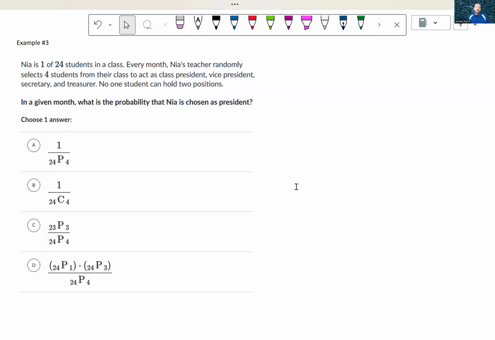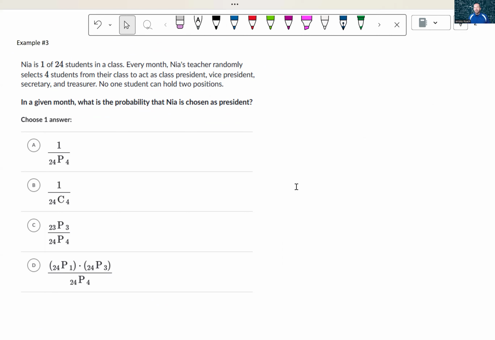So we want to figure out what's happening in one complete result. There's 4 students being assigned to 4 different positions. Each student is assigned to a specific position. So Nia as president and Bob as vice president is different than Bob as president and Nia as vice president.